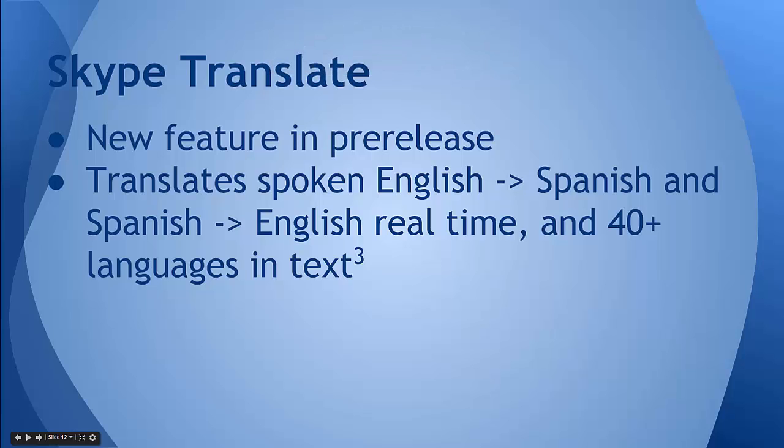One feature that is currently in pre-release is Skype Translate, which Paul writes allows the Windows 8.1 Skype to translate in real time two spoken languages, Spanish and English, and 40 plus instant messaging languages. These features allow Skype to be both a productivity and personal use application, facilitating business and personal communication for any and all users.